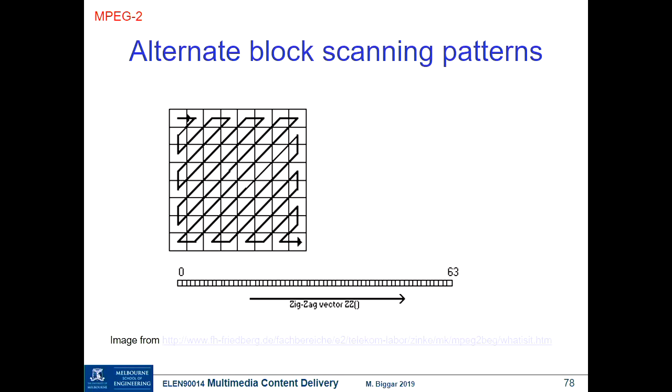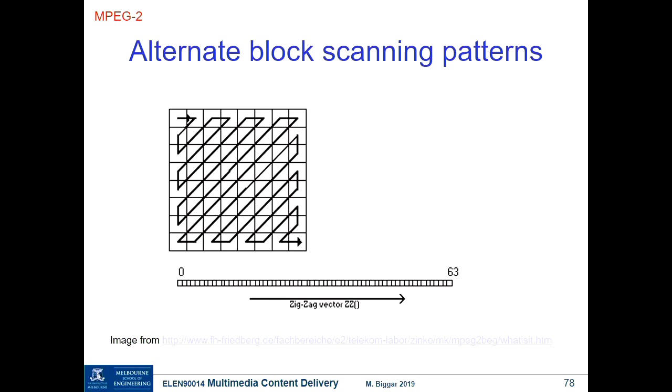Anyone? Because the energy is concentrated in the top left-hand corner, and it's more or less symmetrical between horizontal and vertical directions. So by scanning in this way, we'll get to the last non-zero coefficient earliest, on average, so we save bits. That's the theory behind it.